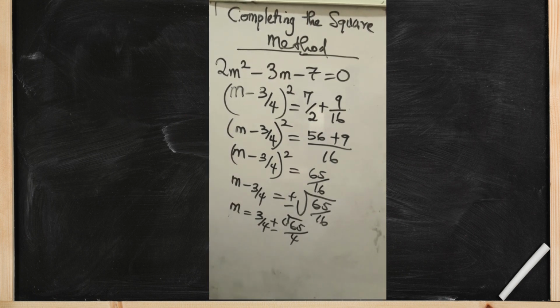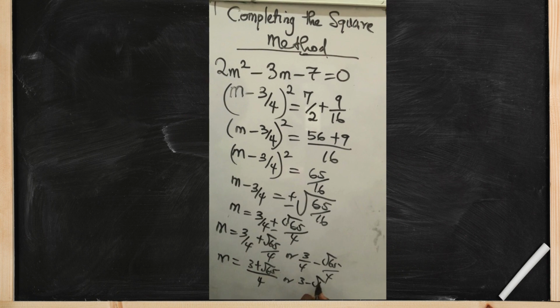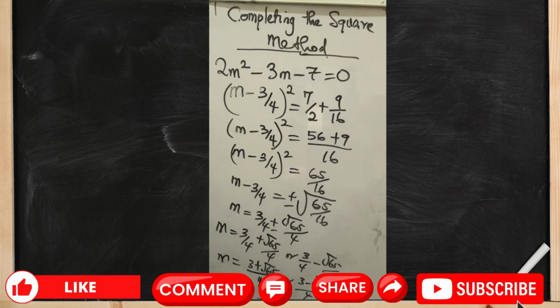Then with this, we can conclude on our m to be m equals 3 over 4 plus root 65 over 4, or 3 over 4 minus root 65 over 4, which is now m equals 3 plus root 65, or 3 minus root 65 all over 4. And that's the answer.